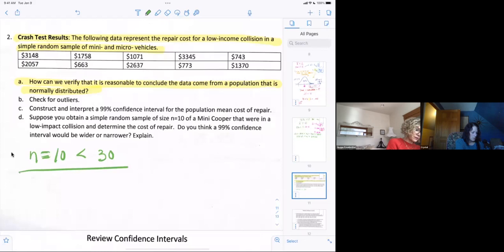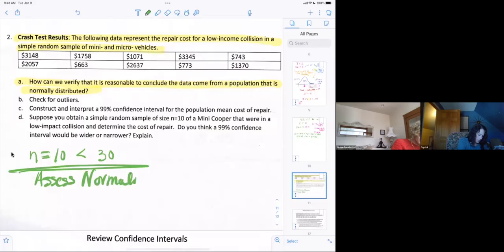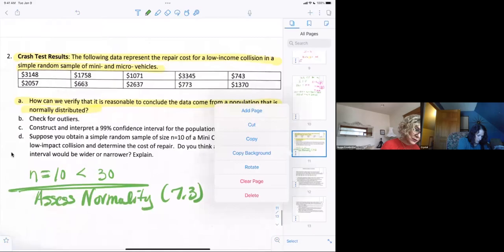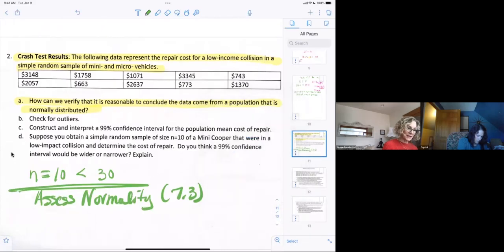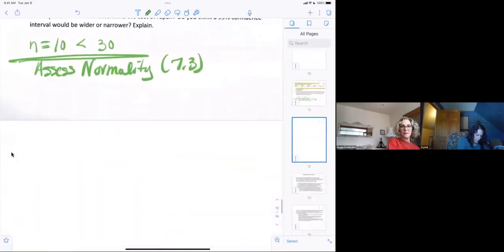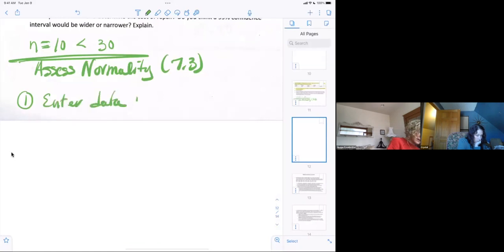So in order to verify, this is where you would assess your normality. And if you need to refer back to 7.3, that's where you would find all those tools. I'm just going to speak through them since we don't have time to jump into StatCrunch to do it. So you would enter those 10 data values in a list in StatCrunch.